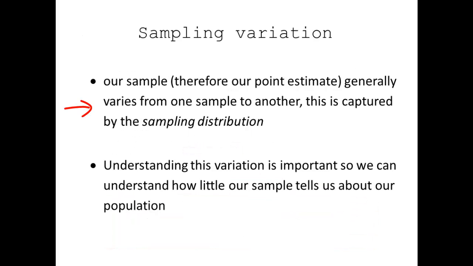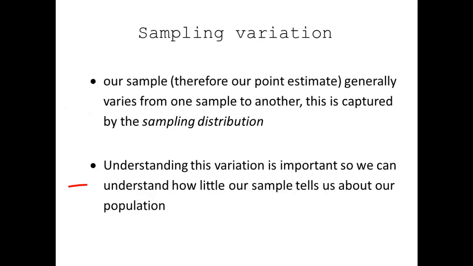So the basic idea is that our point estimates are prone to sampling variation. Our estimates can change from sample to sample. They could have come out differently if we did the study again. This sampling variation is captured by the sampling distribution of the point estimate. It's the distribution from repeat sampling. The name tells you exactly what it is.